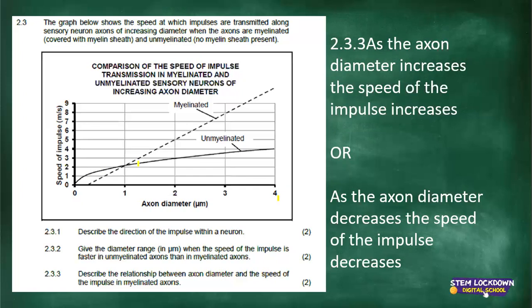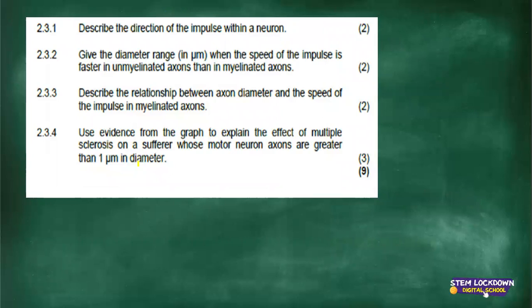That is 2.3.3. And then 2.3.4, which is the one we haven't answered. Use evidence from the graph to explain the effect of multiple sclerosis on a sufferer whose motor neuron axons are greater than 1 micrometer in diameter.